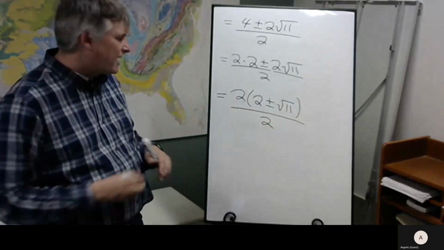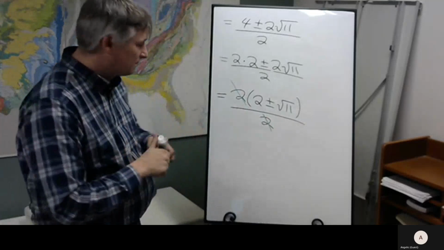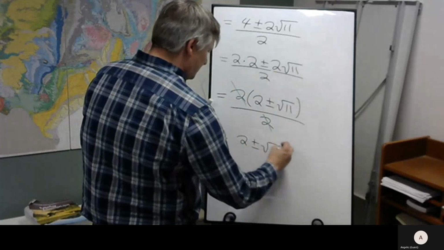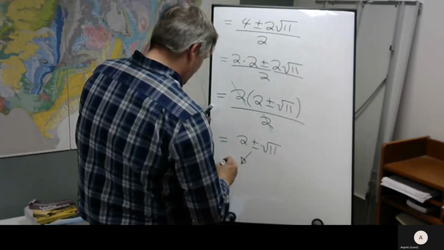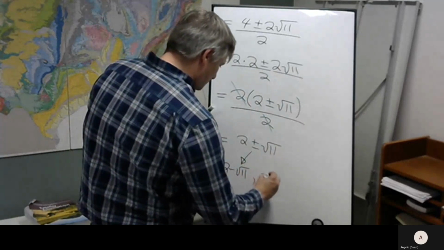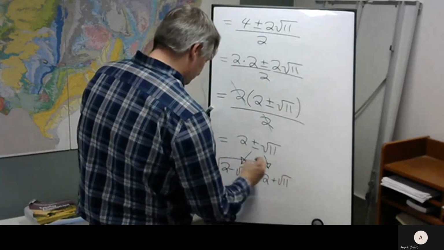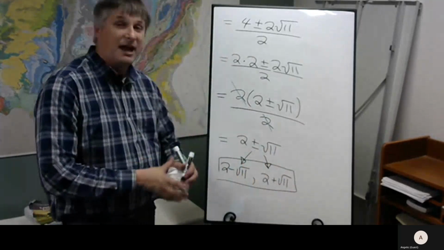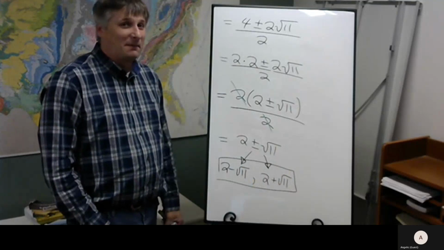And just like with reducing fractions, you can cancel those 2's. You get 2 plus or minus square root of 11, or 2 minus square root 11, 2 plus square root 11. And that's going to be it. Questions about that?